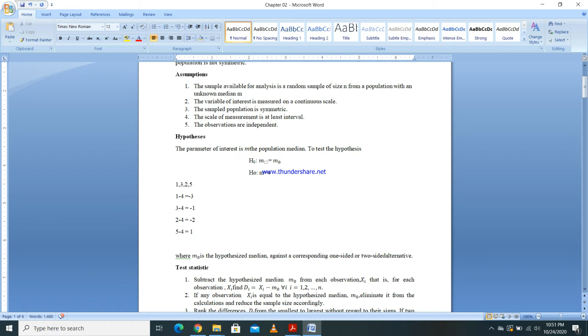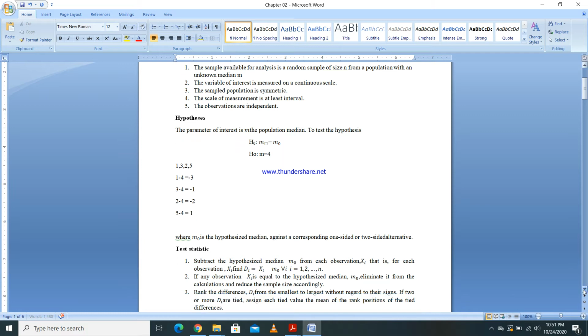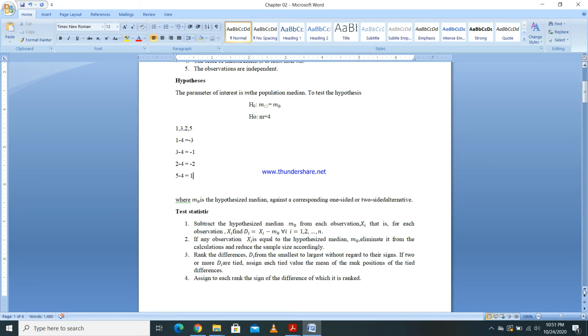So what we do here is, we are going to rank all these differences, but actually what we are ranking is the absolute value of the differences, right? So here rank the differences from the smallest to largest without regard to their sign, right?